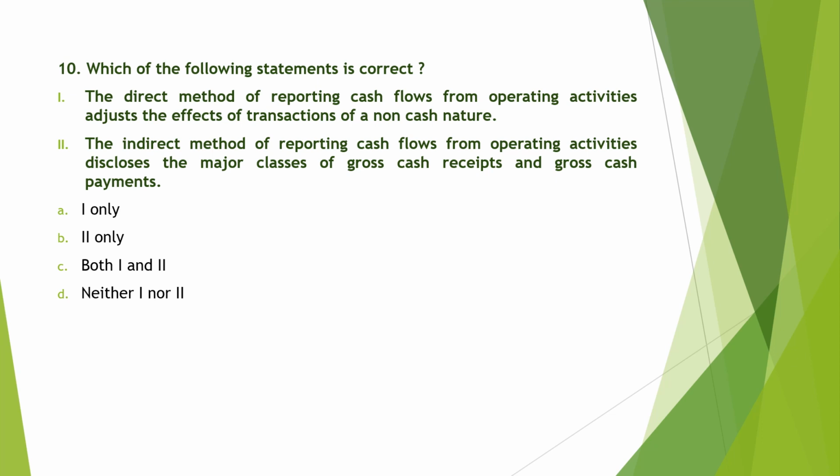For example, cash receipt from customer, cash disbursement for suppliers. So, yung major classes of gross cash receipt and gross cash payments nakapresent sa pag-compute ng cash flows from operating activities. That is the direct method.